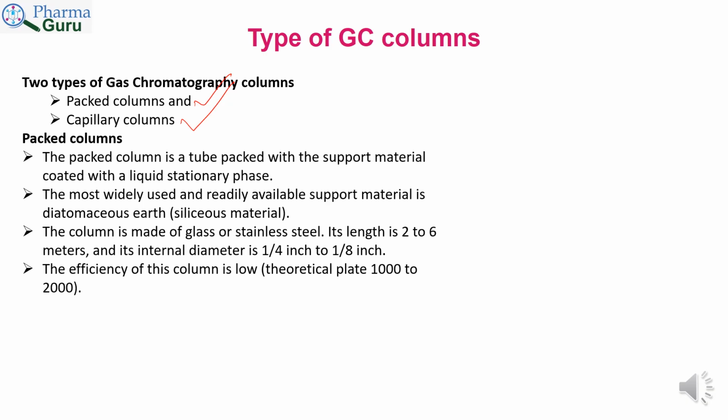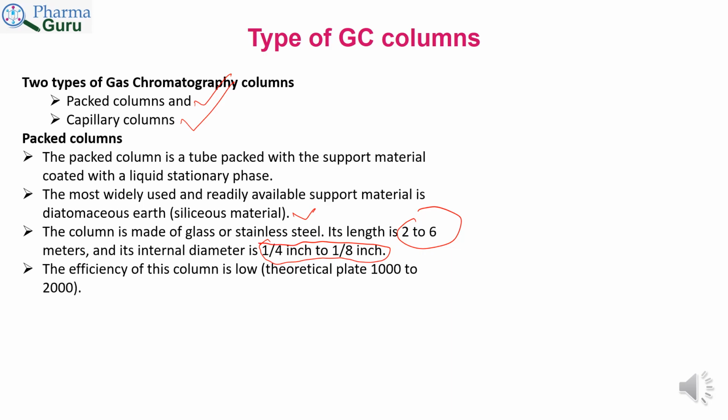The most widely used and readily available support material is diatomaceous earth or siliceous material. The column is made of glass or stainless steel. Its length is 2 to 6 meters and its diameter is 1/4 inch to 1/8 inch.